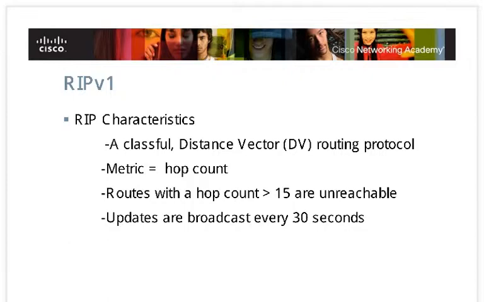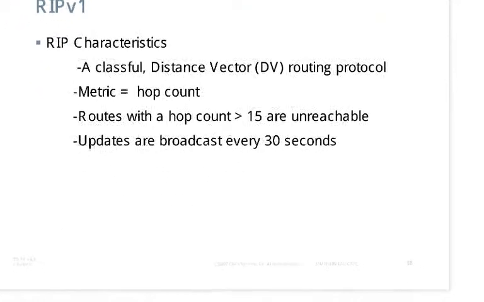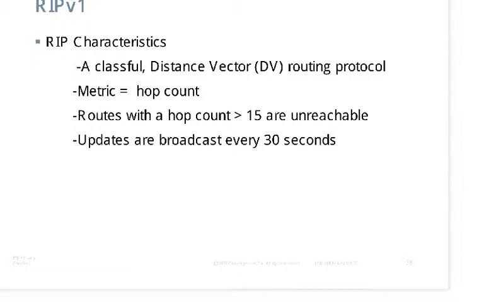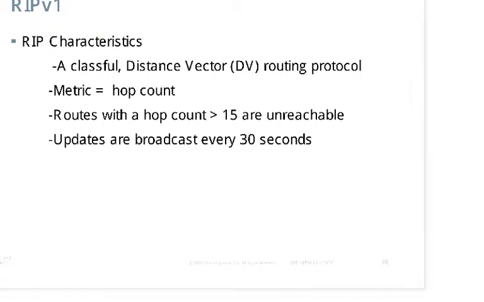So again, in terms of high-level characteristics, RIP version 1 is a classful distance vector routing protocol, which means, again, the definition, and you have to be accurate in defining what a classful routing protocol means, that RIP does not include subnet masks as part of the routing update.